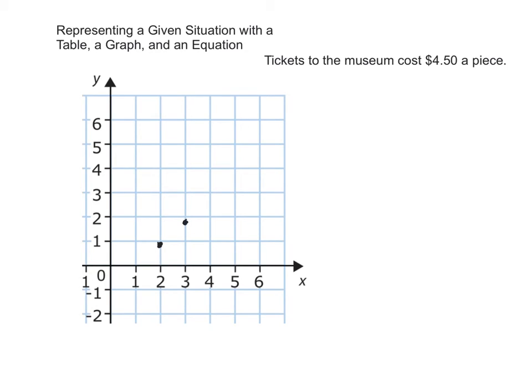So I'm going to go to where it's 2 and 9, because after 2 tickets we know we have $9 total, which is going to be right there, right before 10. After 4 tickets, we know it's 18, which is a little bit further before 20. Right there. Oh, I made a mistake. The mistake I made is I put it at 3 when we were talking about after 4 tickets. After 4 tickets, it's right there. Good. And then after 5 tickets, $22.50. After 6 tickets, $27, which is just under 30, but a little more under than 18 was under 20, and so on and so forth.